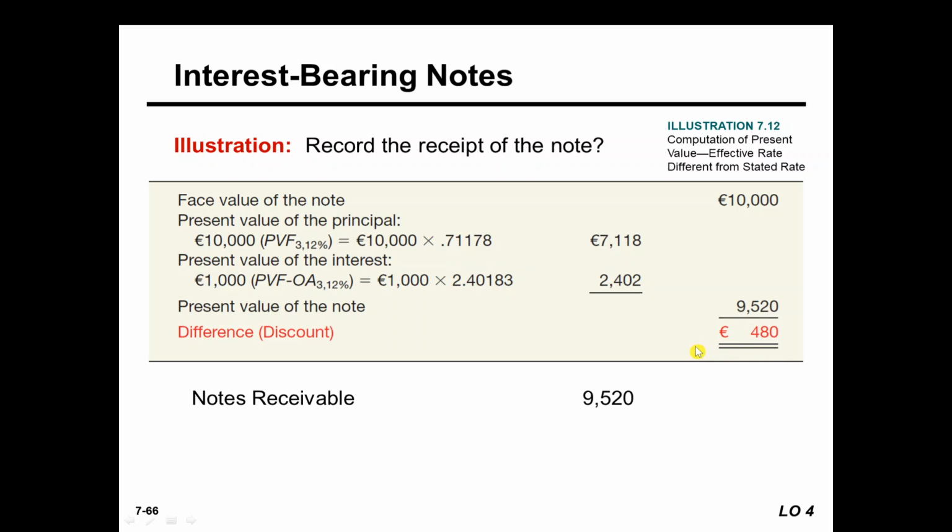So we record notes receivable as 10,000, since it is the value of principal and the value of interest if we receive it today or at the date of the notes received by the company. And the cash that we pay is 9,520.